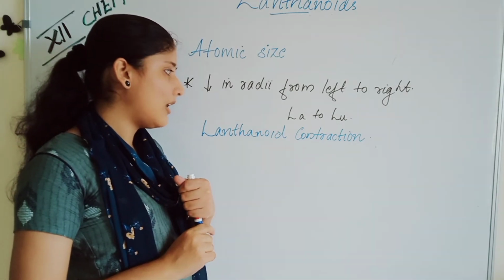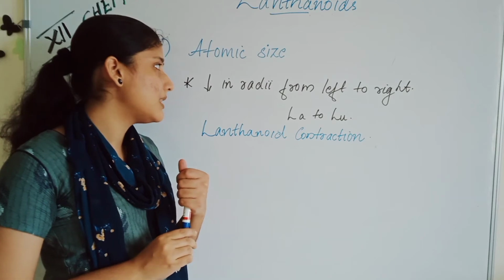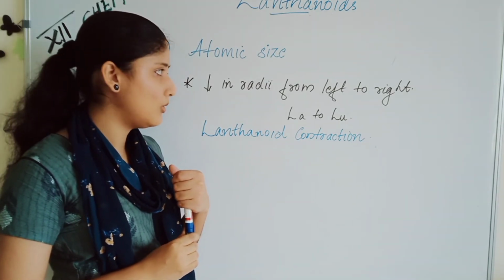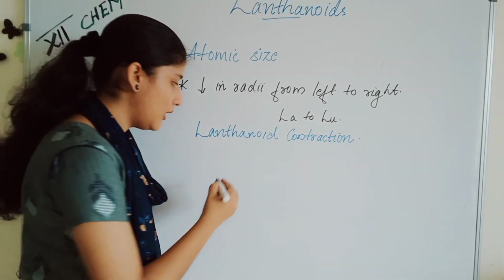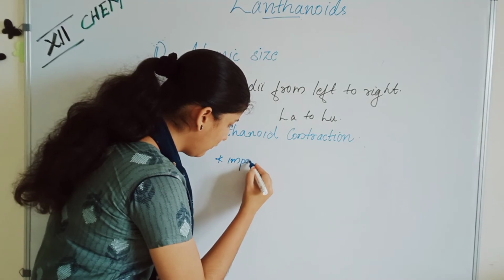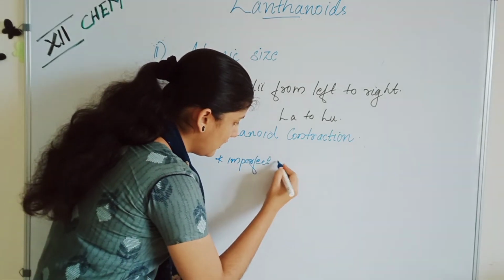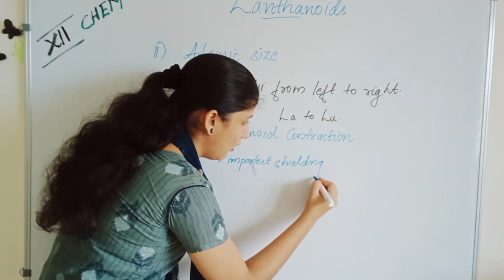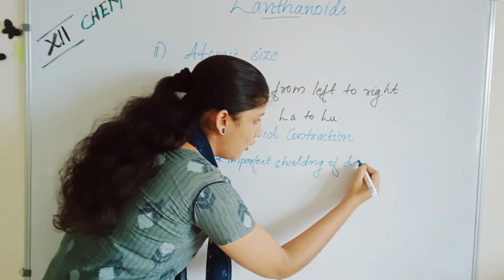Because of that lanthanoid contraction, the atomic radii decreases from lanthanum to lutetium. It is due to imperfect shielding of f orbitals.